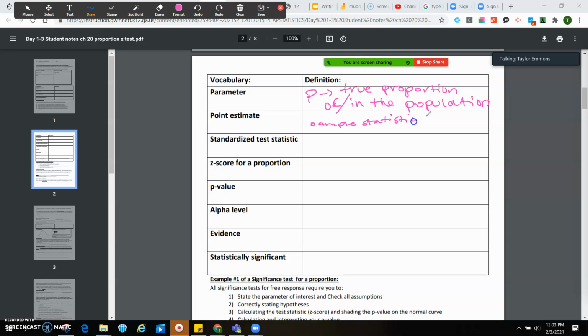The way you find this is you find p hat by taking the number of however many you're finding, out of your total number of sample. So for instance, when we were talking about those football players, it's how many actually recorded loss of consciousness out of the total number of football players who actually completed the survey.